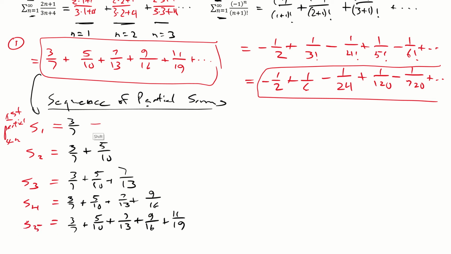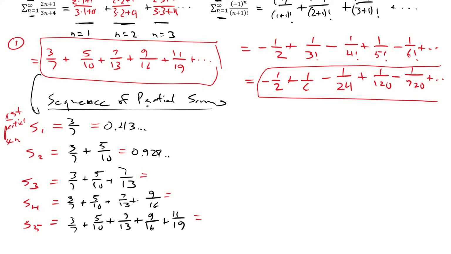I took the liberty, of course, of calculating these to make this video a little quicker. And I got, for this one, 3 divided by 7 is roughly 0.43. The next one is 0.928. I think I have that right.